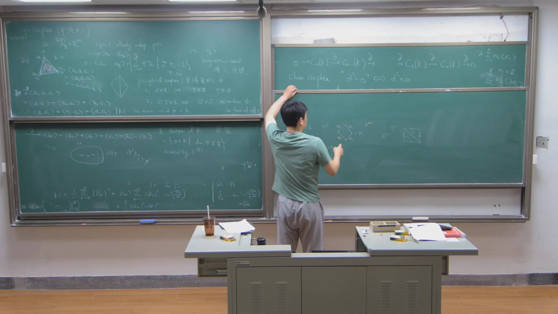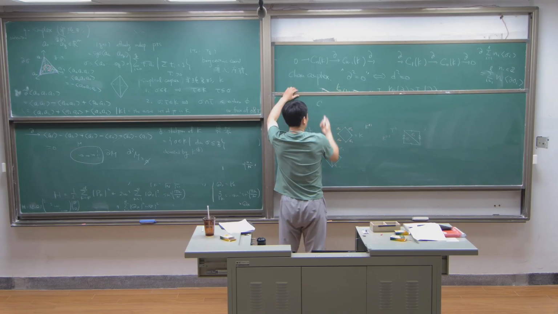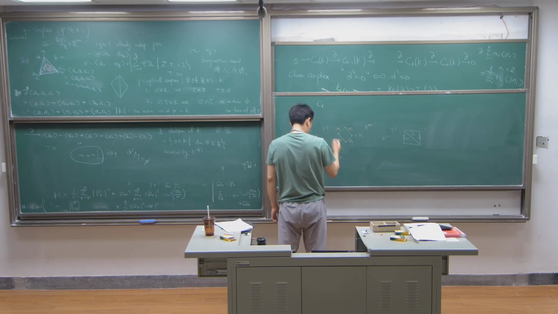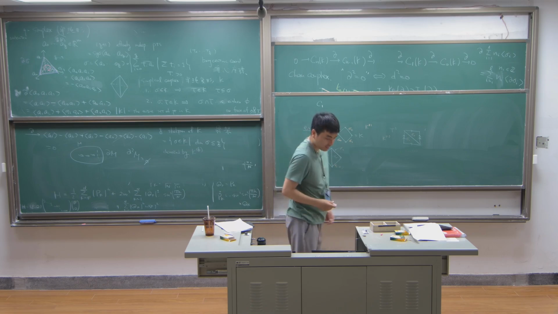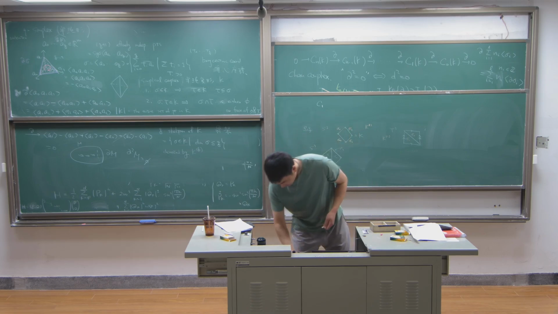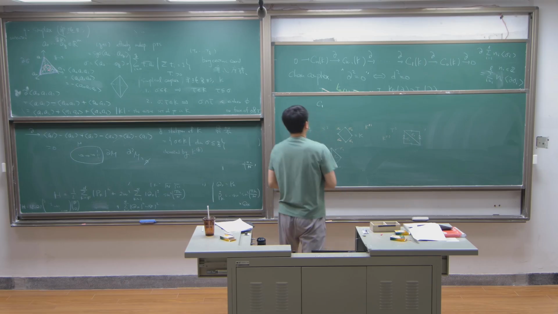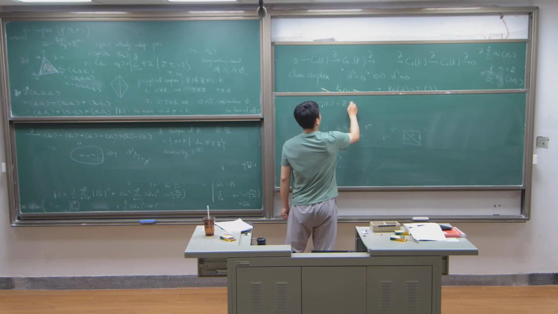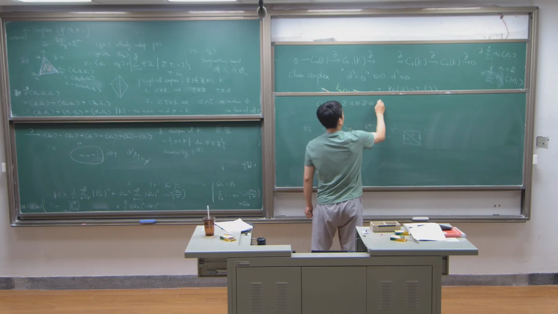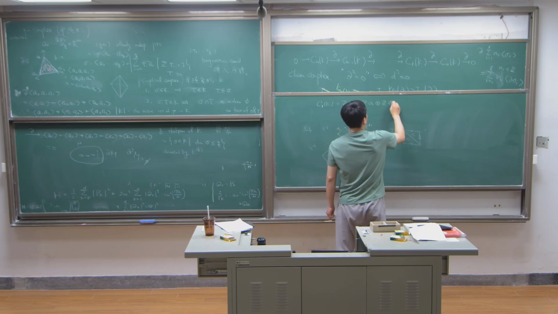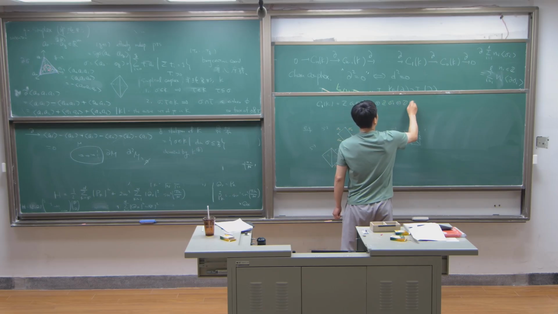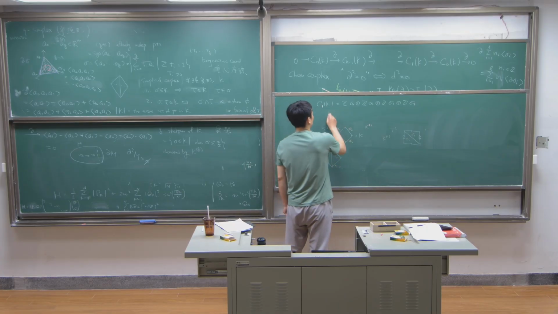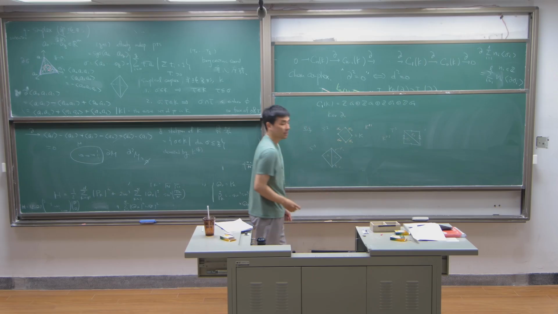Okay. Let's go through this one. So the C1. Oh gosh. The joke here is not good. C1 of this K is Z sigma 1 plus Z sigma 2 plus Z sigma 3 plus Z sigma 4. Okay? What is the kernel? So the kernel of boundary 1 is equal to what?